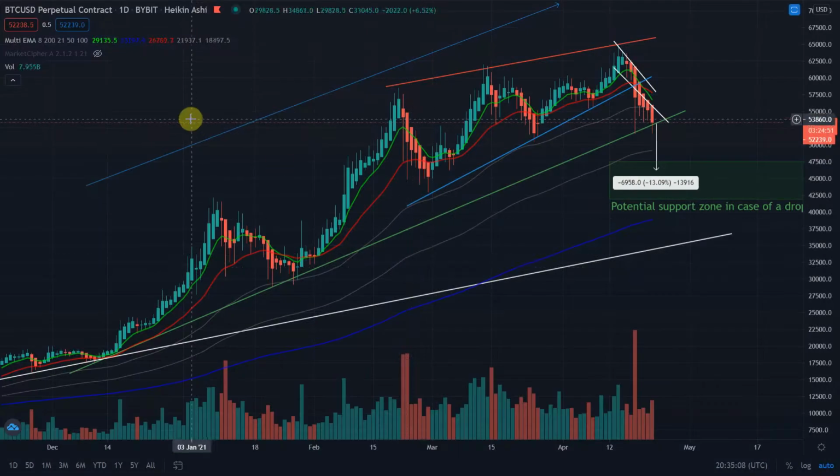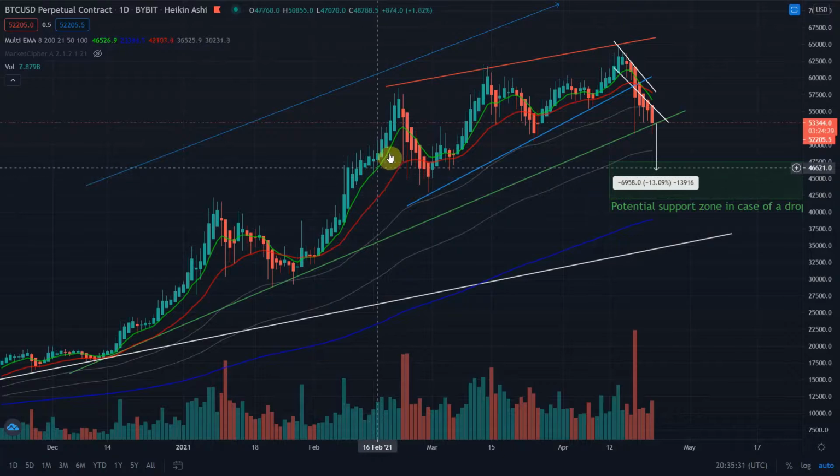So this is the Bitcoin chart against the US dollar, here on the daily time frame, and you can see I've drawn several lines. Don't be scared if you are new to technical analysis. It's very easy to understand, and as you see more of my videos, you will learn to do this by yourself.